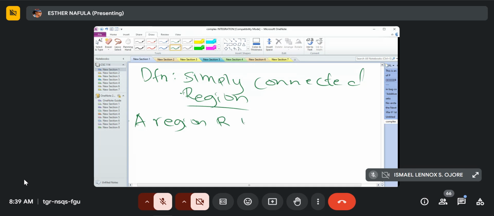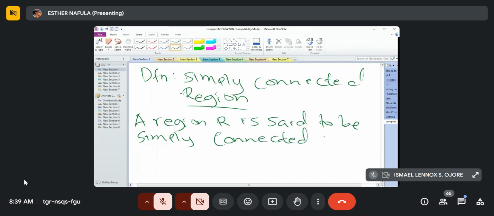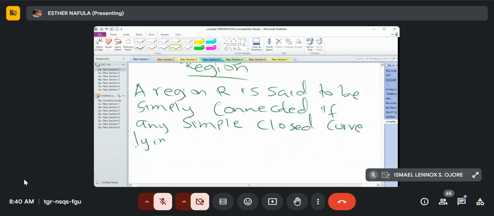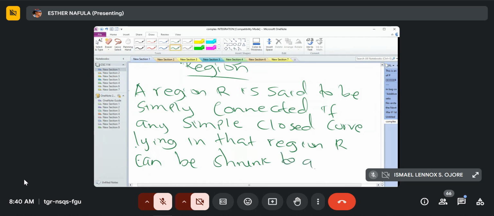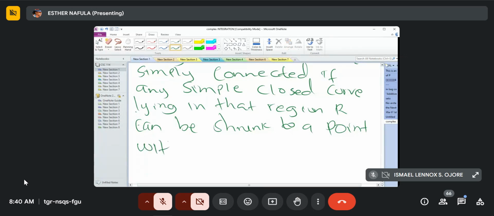A region R is said to be simply connected if any simple closed curve lying in that region R can be shrunk to a point without leaving R.